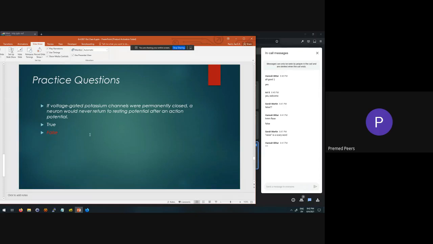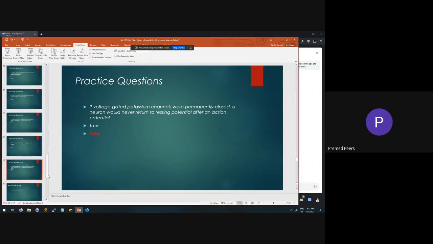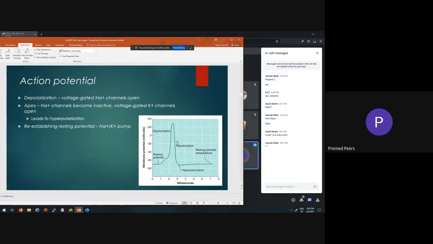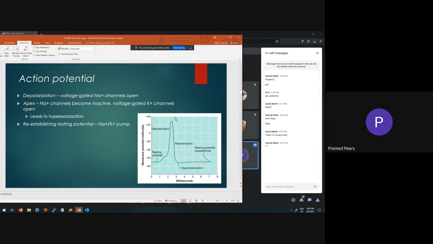So if we go back to that graph, this is my last question. Okay, let me show you that graph again. The potassium channels opening is what may cause this huge drop here.